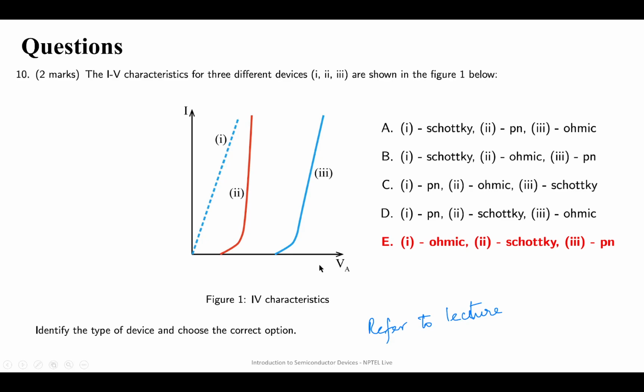That is correct. The answer is ohmic, Schottky, PN. So first, you see it is a straight line, following a proportionality constant, so it is an ohmic contact. Second and third are rectifying contacts, but the built-in potential for the second is much lower than for the third, so second is Schottky and third is PN.